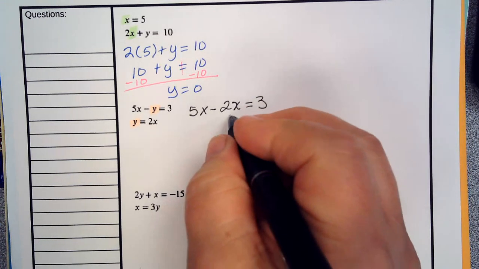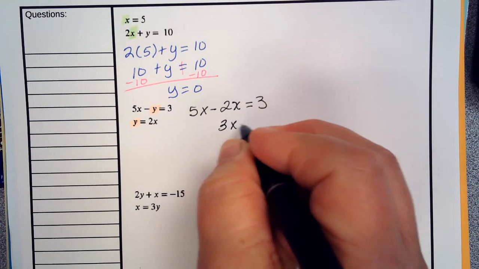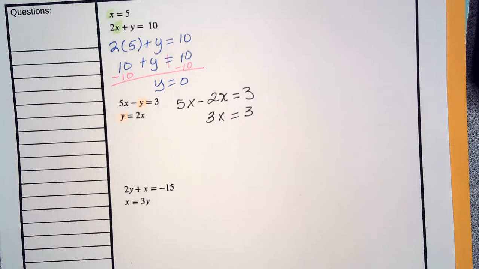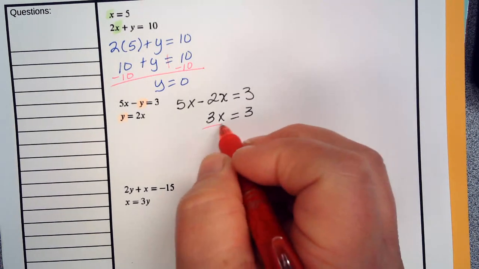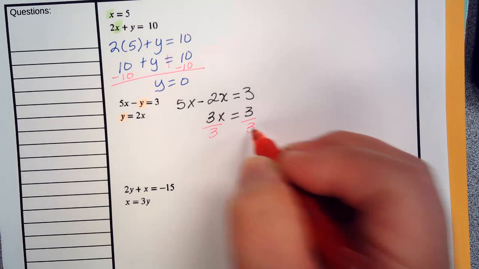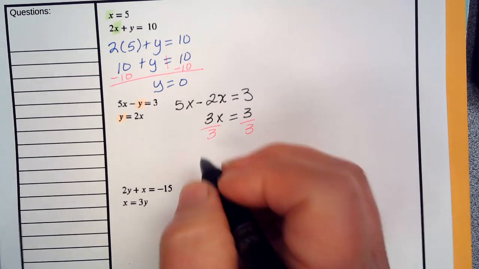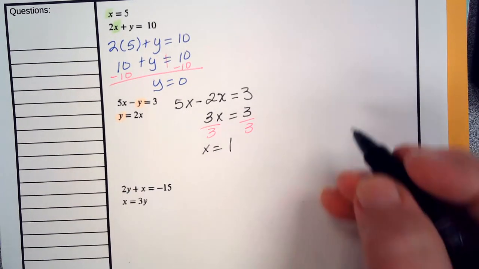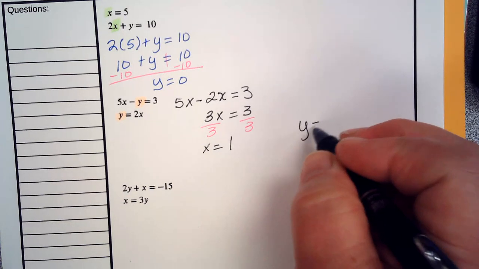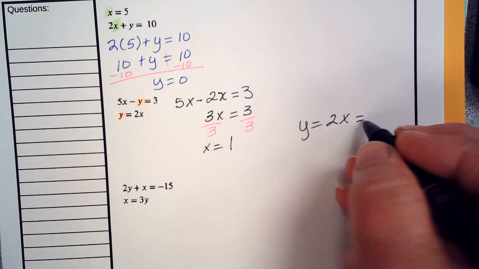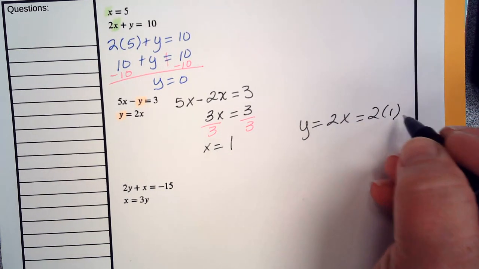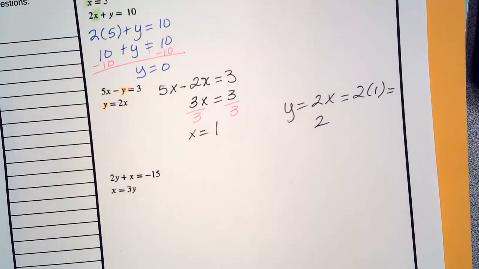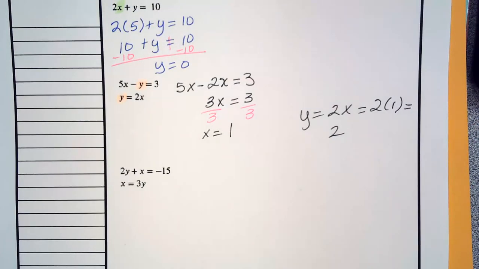Okay, 5x minus 2x is 3x is equal to 3. Divide both sides by 3. X is equal to 1. If I want to know what y is equal to, 2x, which is equal to 2 times 1, which is equal to 2. And I'm done.